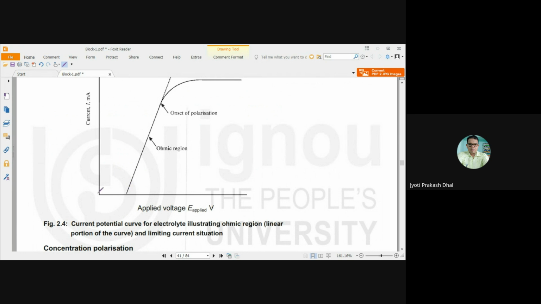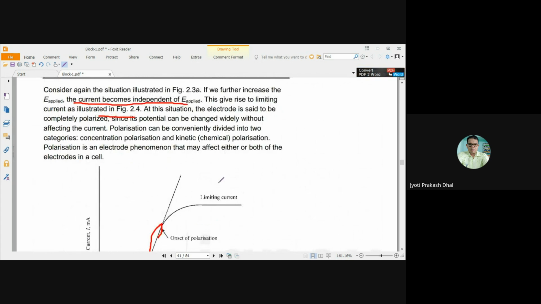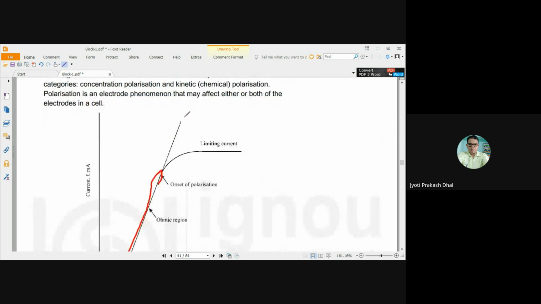When the value of the applied voltage is low, there is linearity, but as the applied voltage increases, the graph deviates from linear behavior. If we further increase the E applied, the current becomes constant, so if we increase the E applied again, the current will not change.